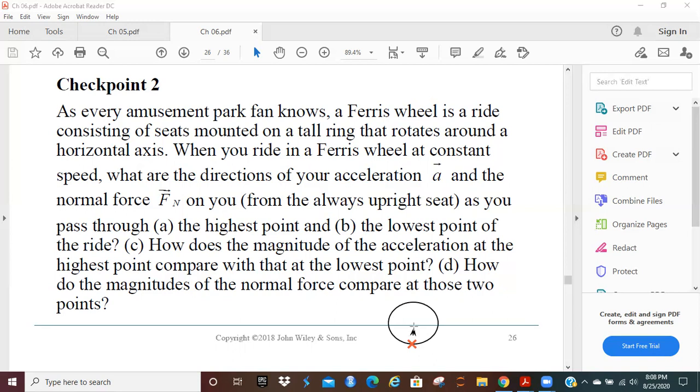So both the acceleration as well as the normal force are going to be pointed this direction. The acceleration is always going to be the same, but how do the magnitudes of the normal forces compare at those two particular points?